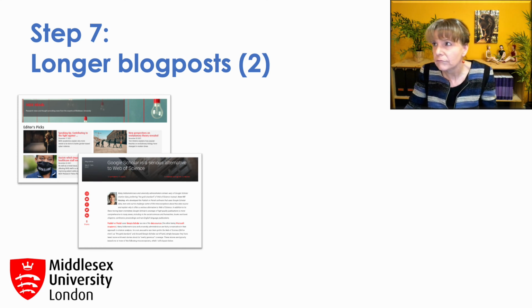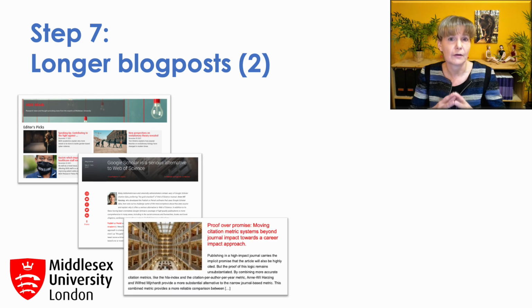I have posted about half a dozen times on the LSE Impact blog, with articles related to academic impact and academia more widely. Most of these were repostings from my own blog, but one of them was specifically written for the LSE blog. Then I mentioned The Conversation.